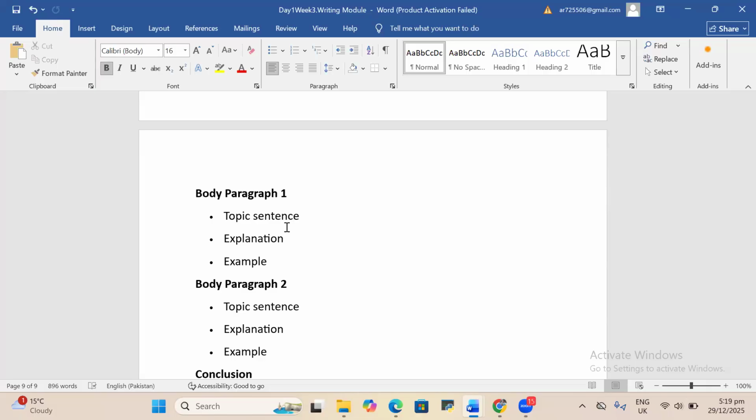If you cannot describe both in detail, what does it mean? You cannot actually develop your idea. So it is important that you write just one topic sentence in each paragraph and explain that sentence.